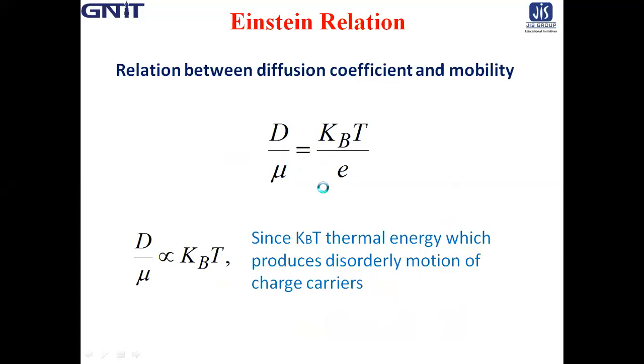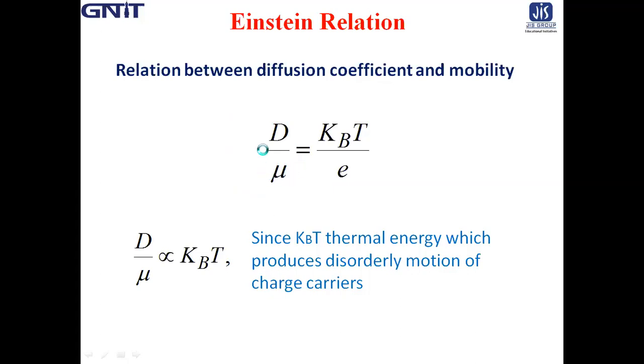Now diffusion is a random, irregular and disorderly motion in which entropy of the system increases, while drift is a directed, regular and orderly motion in which entropy decreases. Thus the ratio of D to mu signifies the ratio of disordered to ordered motion.